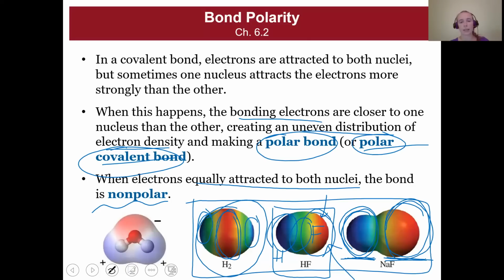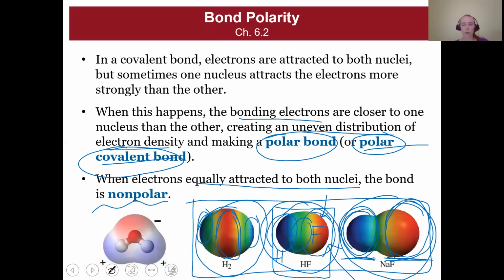With hydrogen fluoride, it was an uneven distribution, but still a sharing of electrons. Whereas when we look at sodium fluoride, they're not really sharing at all. Fluorine is taking the electron density almost completely onto itself.